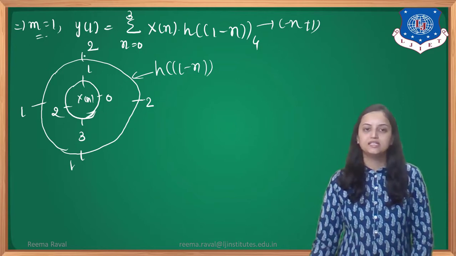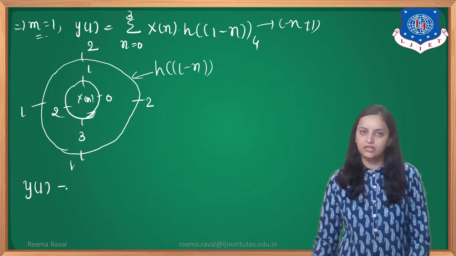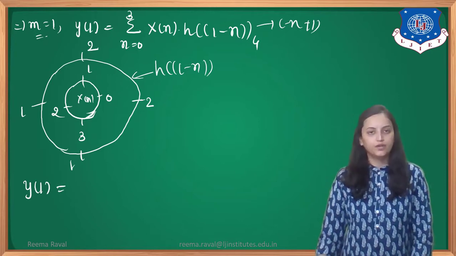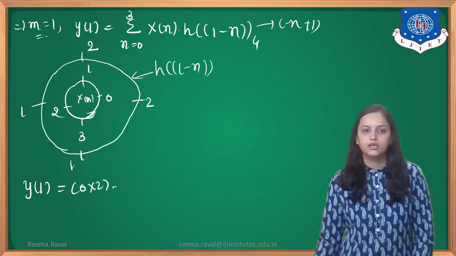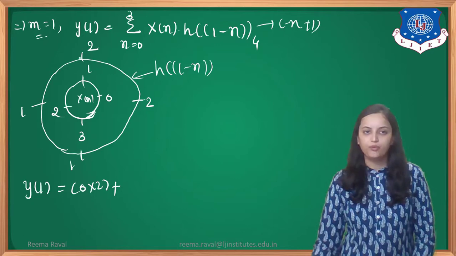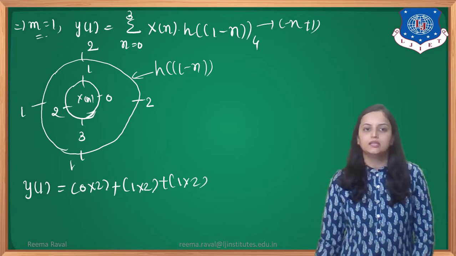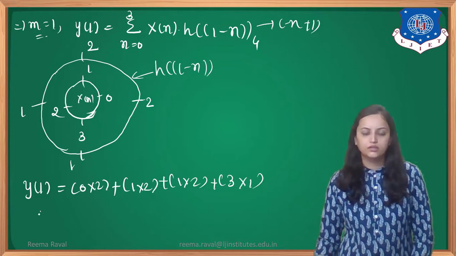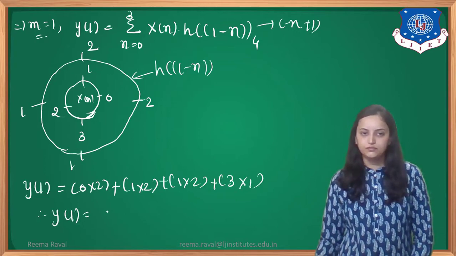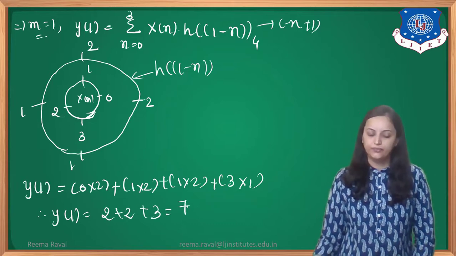Okay, so this way we are placing these sequences like this. Now to find the values, we will multiply the respective values as we have done for the first case. So here we will multiply 0 into 2 plus next we multiply these respective points 1 into 2. Then the next will be 1 into 2. Then the next is 3 into 1. So the y of 1 value will be 2 plus 2 plus 3, that is equal to again 7.